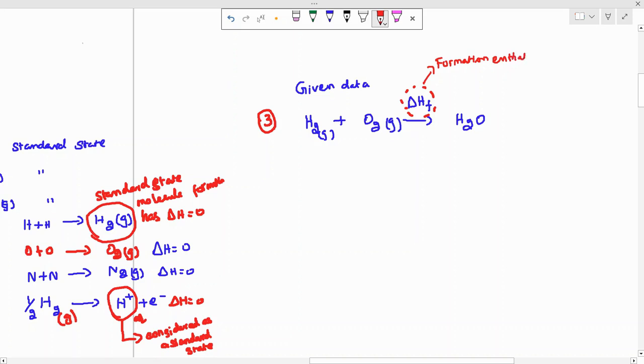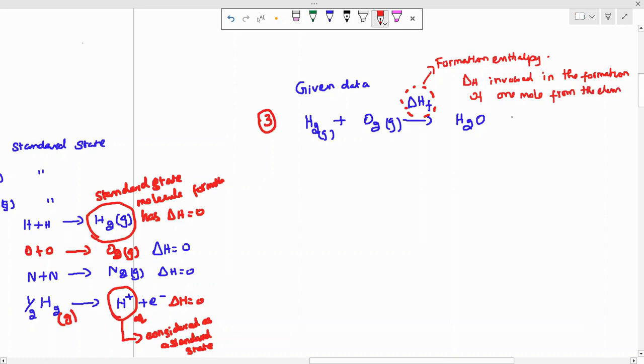So formation enthalpy is nothing but the change in enthalpy, delta H, involved in the formation of 1 mole from the elemental state.